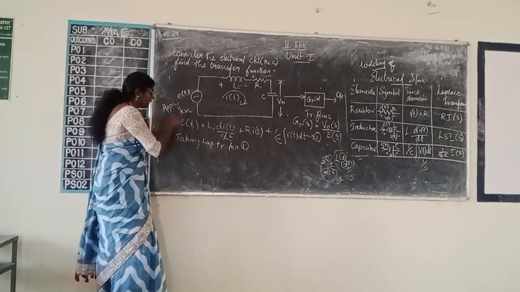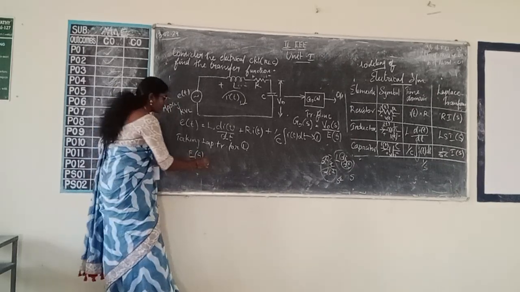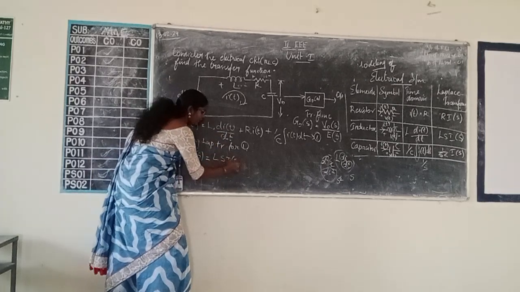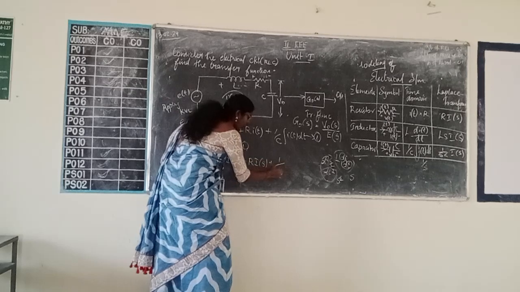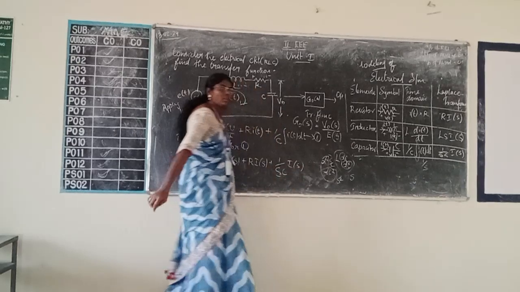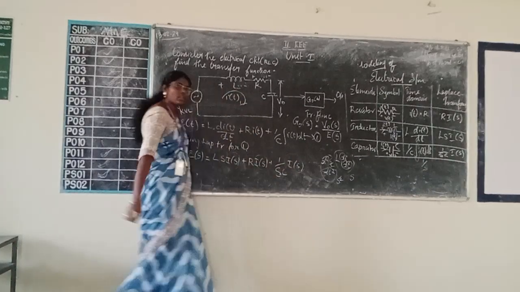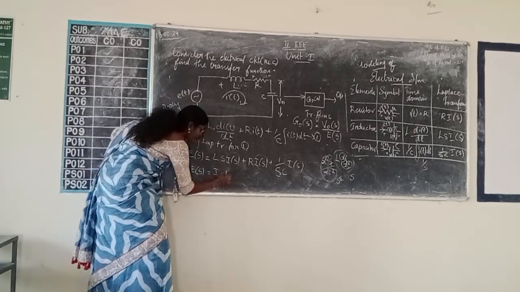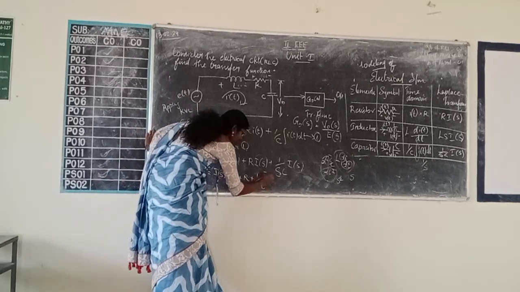It becomes capital E of S on the left, equal to L into S into I of S, plus R into I of S, plus 1 by SC into I of S. Taking I of S common outside, E of S is equal to I of S times LS plus R plus 1 by SC.